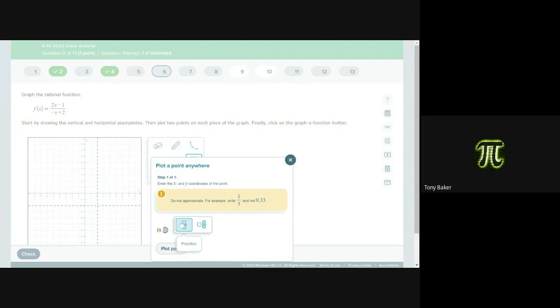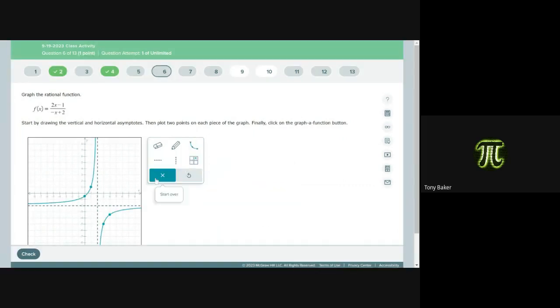So it was 0 and negative 1/2, right? 1 was 1. And 3 was... and then 4 was 7/2. Okay.